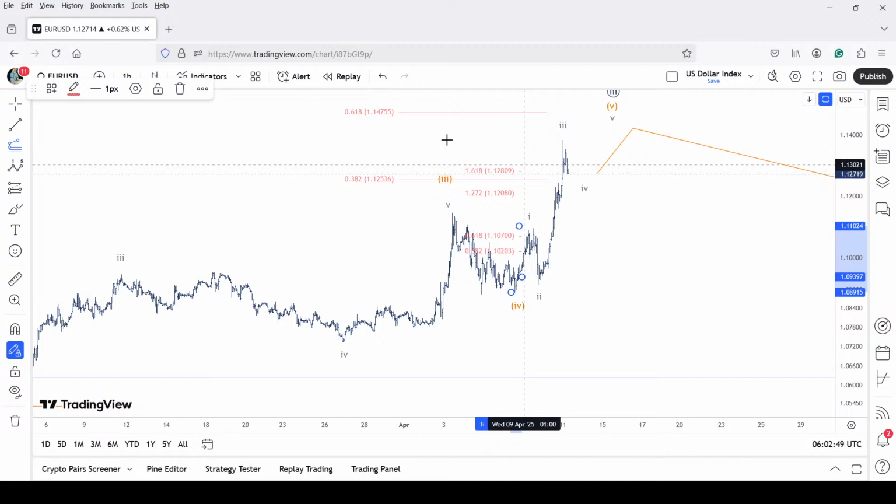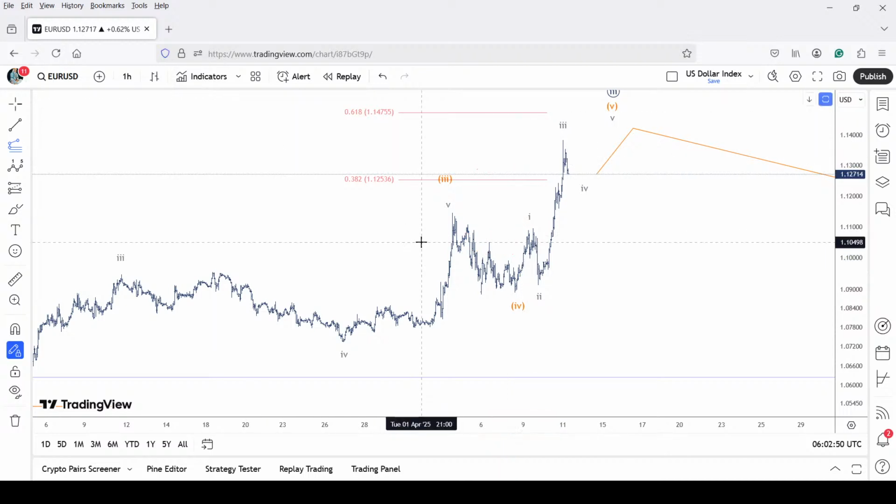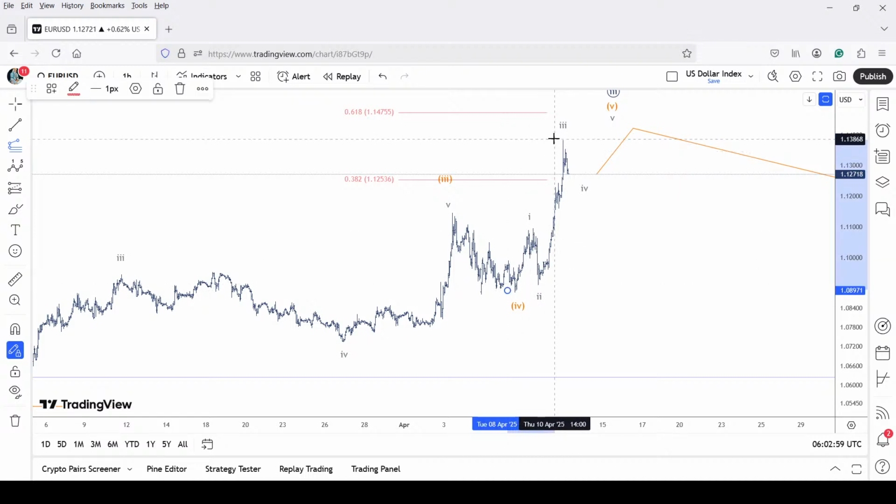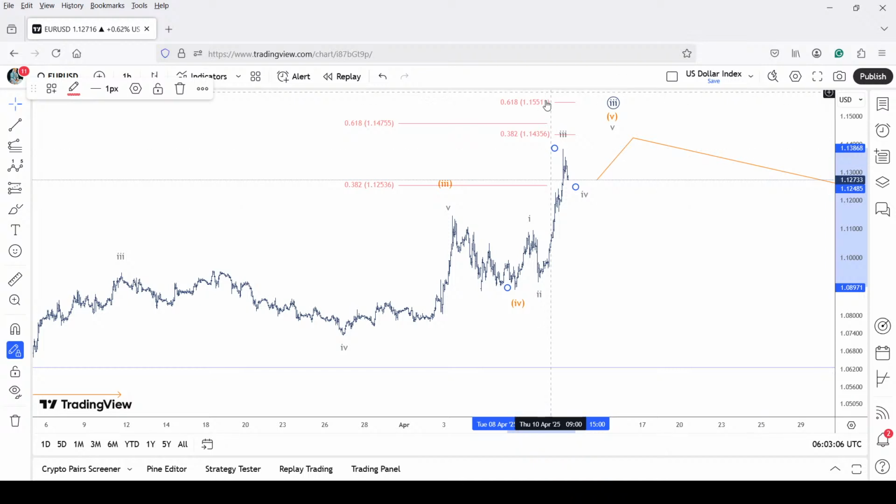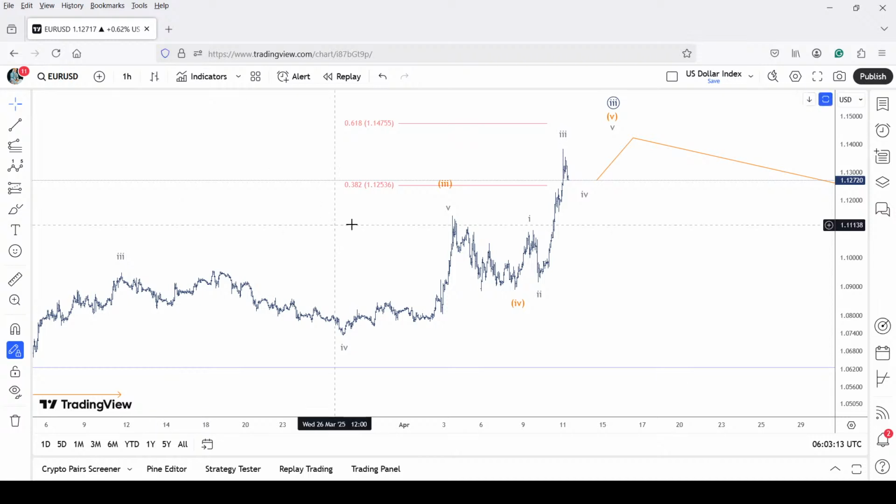The third wave slightly extended, and if you look at the second wave, it was an expanded flat. Ideally, wave 4 could be a sharp decline. So let's take a hypothetical target as well. Now, if you see the target pointing, it's over 1551, no problems. All right, so I think we are good. Okay, so that's the wave story and the wave structure on the 4 hours and the hourly.